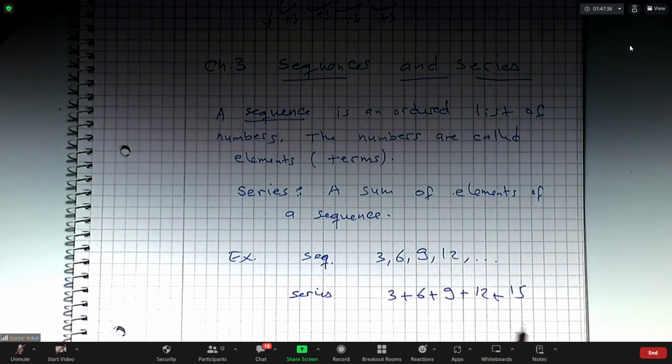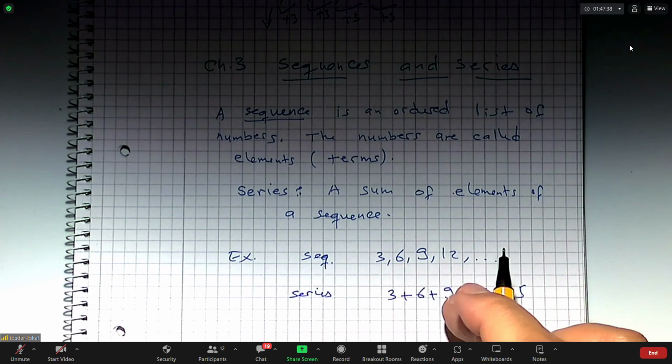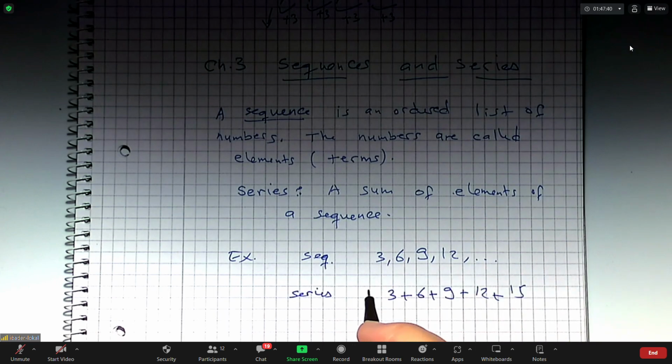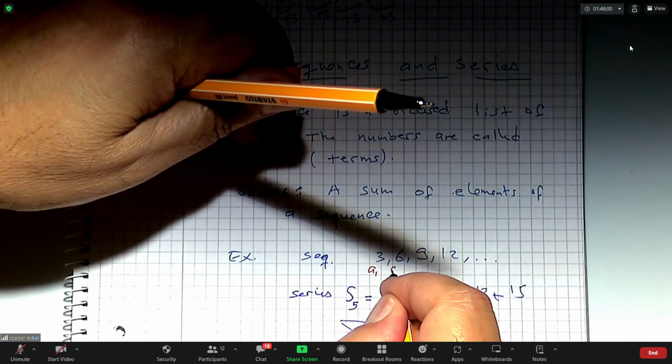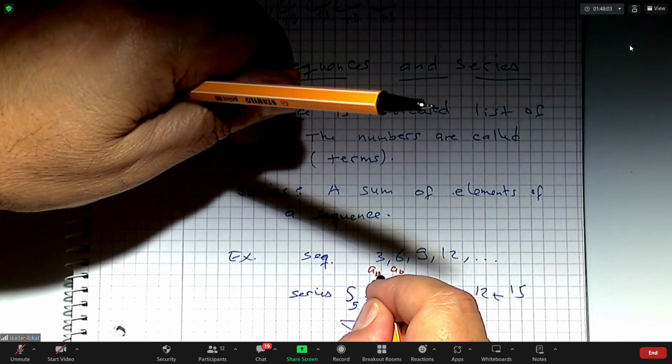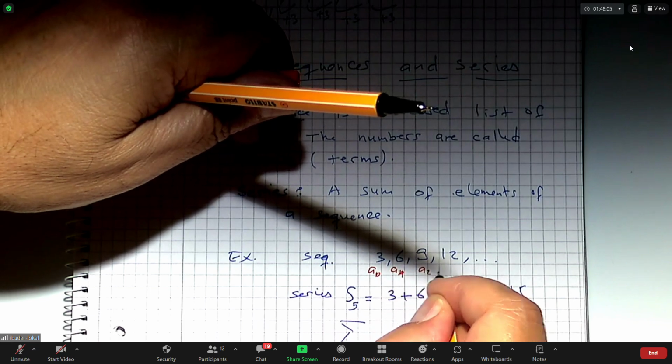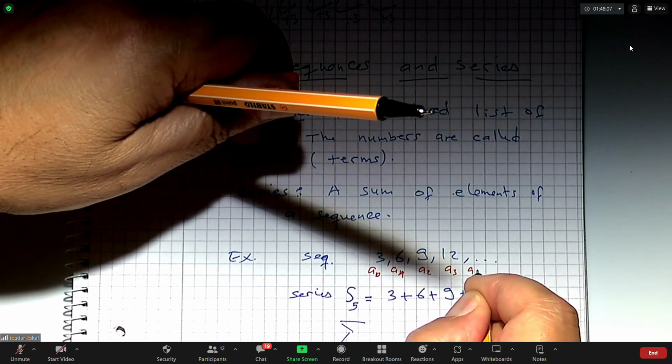So 1, 2, 3, 4, 5. And we will just use S for sum with n. So here, maybe the sum of the first 5 elements, we will just refer to it as S sub 5. And of course, this can also be used if we call this element A1, A2, or A0, starting with 0, 1, A2, A3, A4.